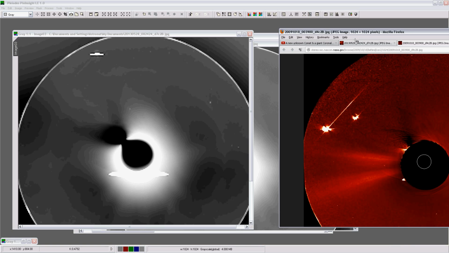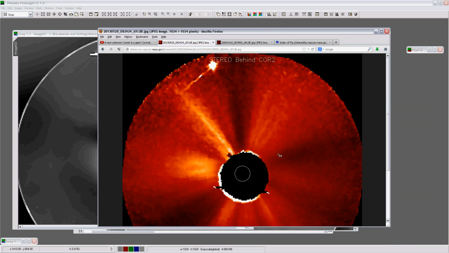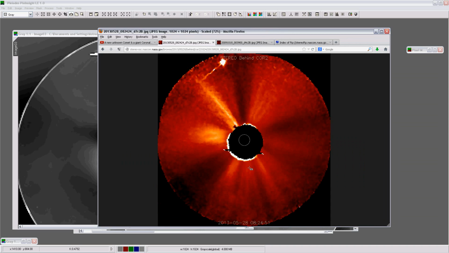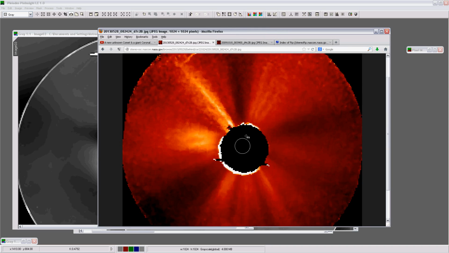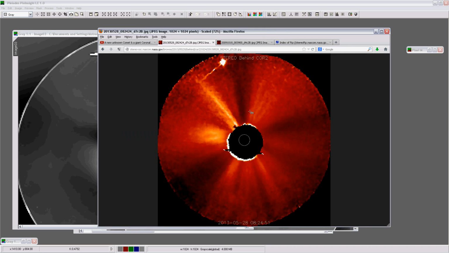STEREO Behind is about at the same distance that Earth is on average, and so the Sun is about half a degree wide. And you can see the Sun is approximately the same size as this white circle here on the processed JPEG version of the image. And you can see that it's quite a good distance below Venus, more than 1.5 degrees. But that's because it's the heliocentric ecliptic coordinates, about 1.5 degrees positive latitude.